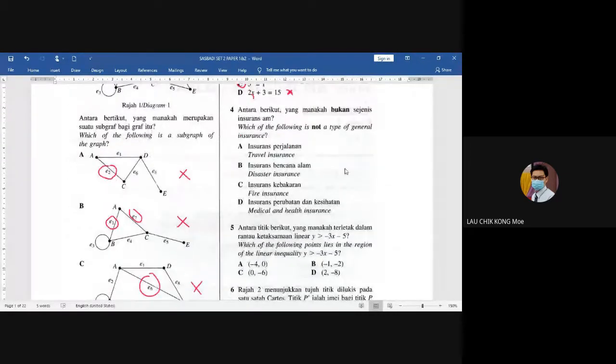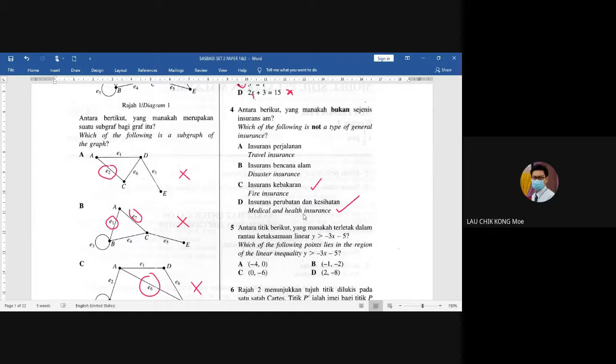Okay, number 4. Which of the following is not a type of general insurance? If you refer to your notes, for general insurance we have 5. Motor insurance, and then fire insurance, and then medical and health insurance.